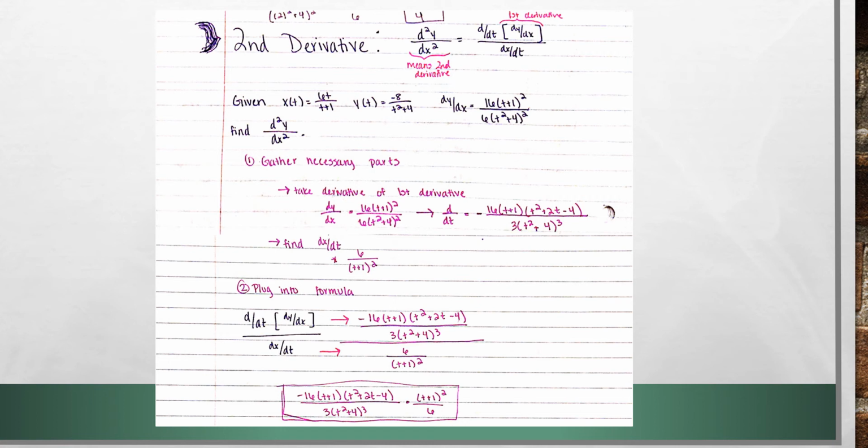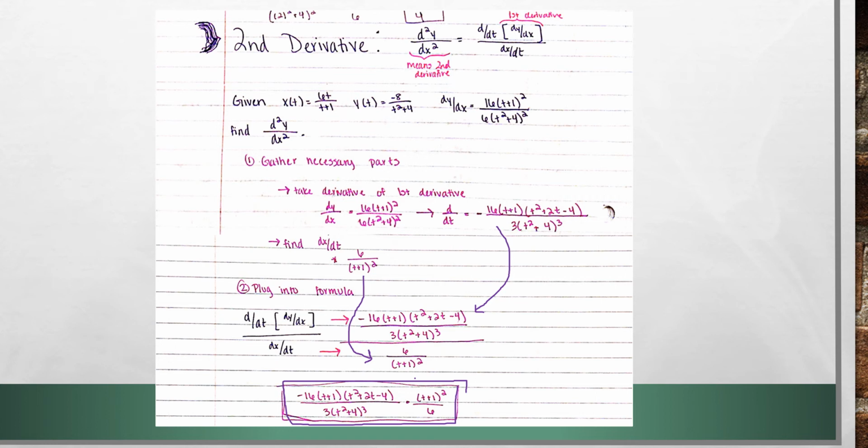We take our dy/dt, set that on top, and we take our dx/dt and put that on the bottom. And we're left with this answer down here, -16 times (t + 1)(t² + 2t - 4) divided by 3 times (t² + 4) cubed.